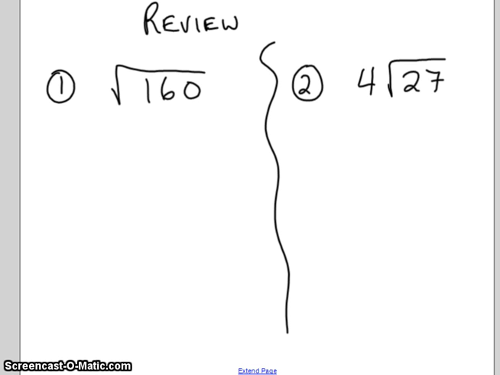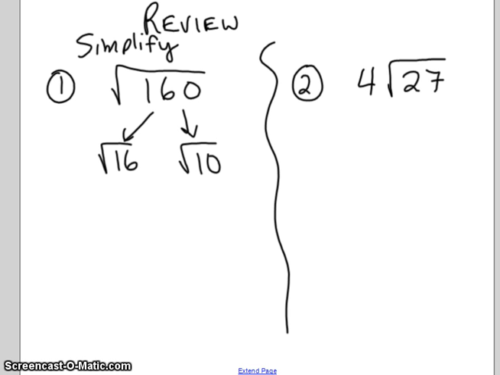We have the square root of 160. We want to simplify this. So we want to find what factors we can break 160 down into. Are there perfect squares that are factors of 160? Now when I see 160 I see 16, and 16 is a perfect square, so I'm going to do 16 times 10 equals 160.